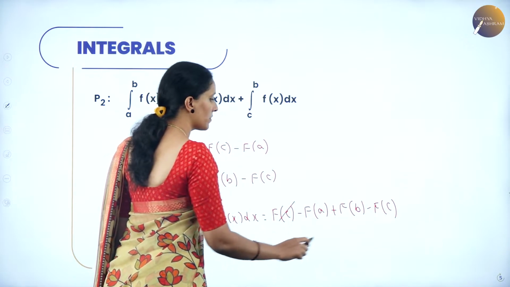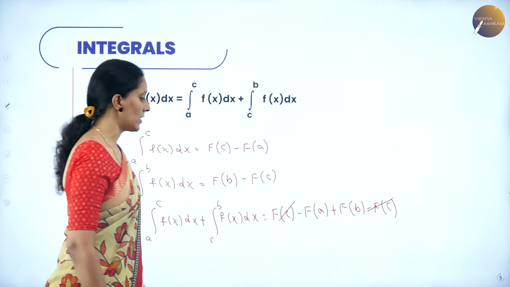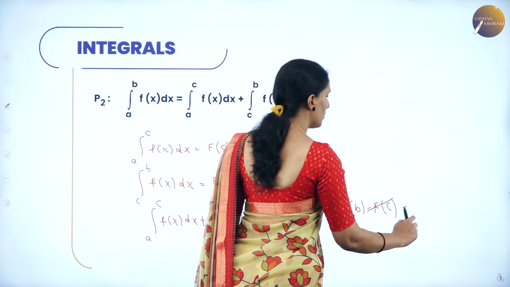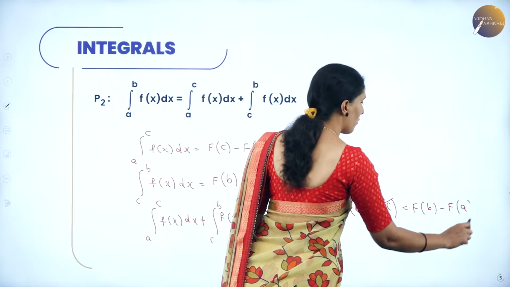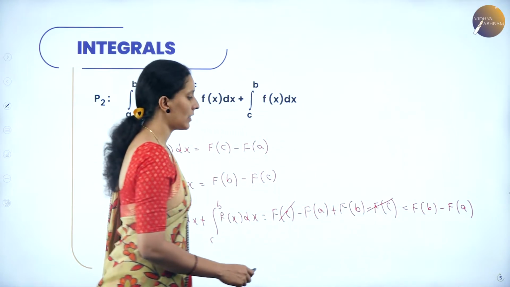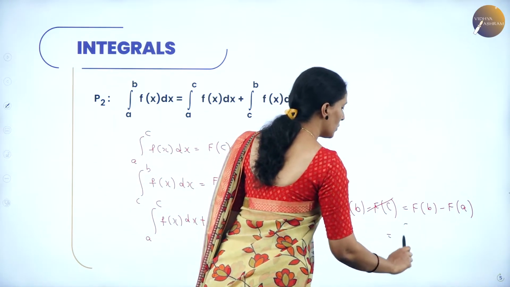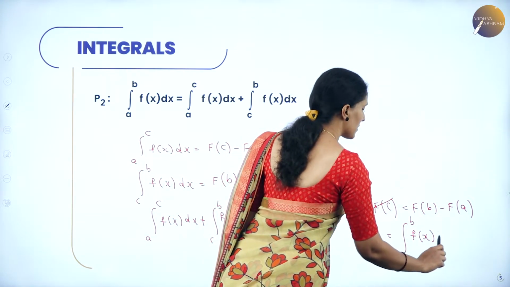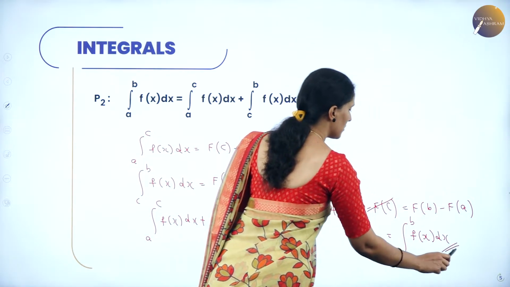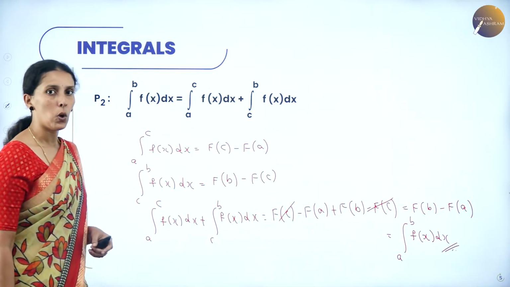Here F of c minus F of c gets cancelled. Then you will get the value F of b minus F of a. What is F of b minus F of a? This is nothing but the integral whose limits are from a to b f of x dx. So thus this property holds.